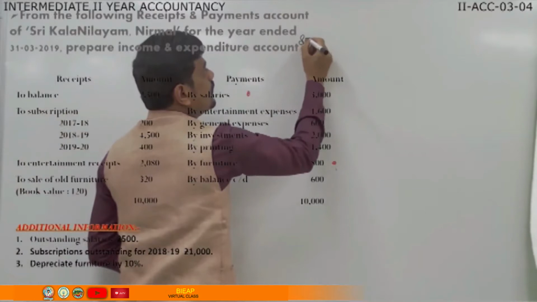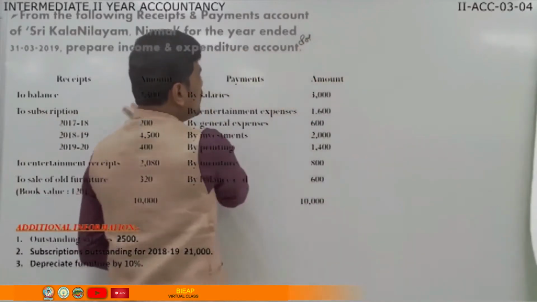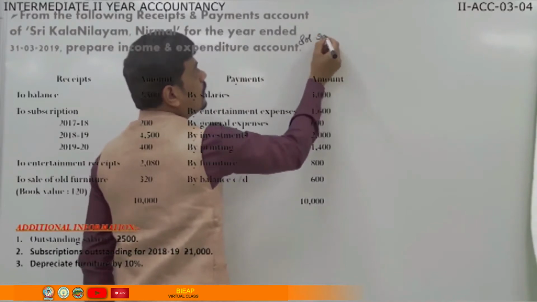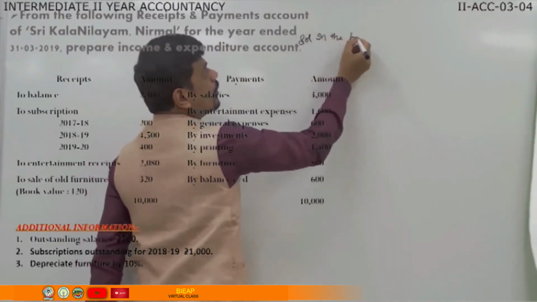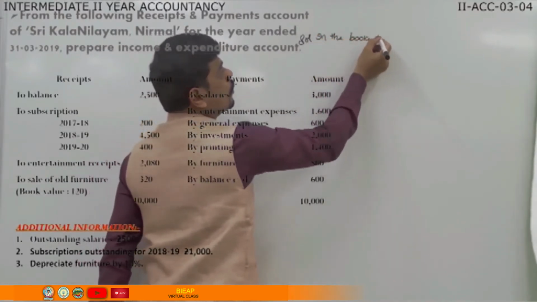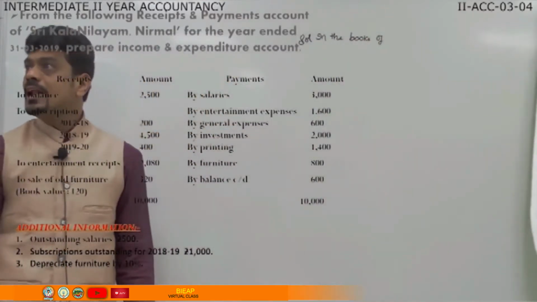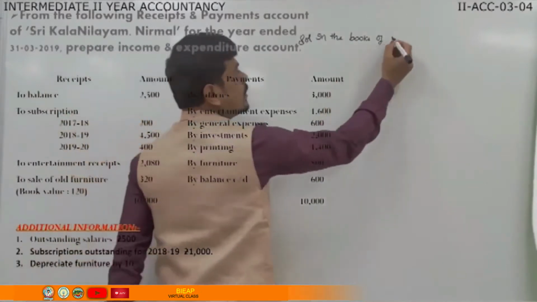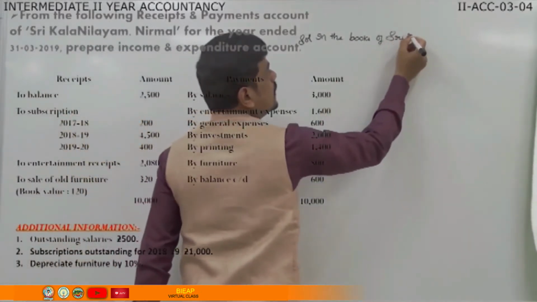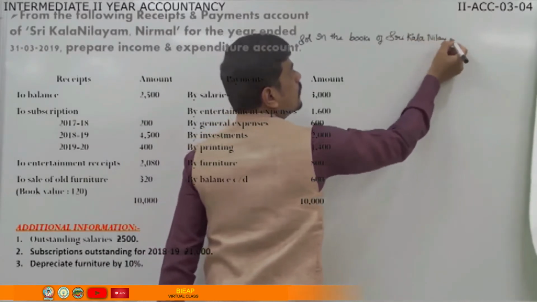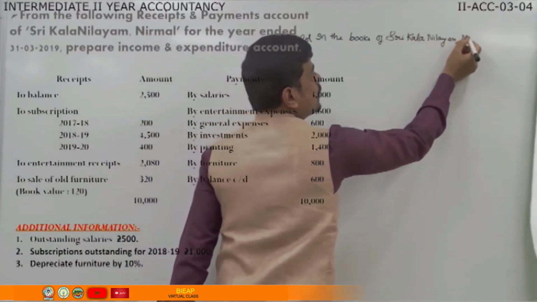Here we'll write solution. Then heading. In the books of, what is the name? They gave Sri Kala Nilayam Nirmal. So we'll write in the books of Sri Kala Nilayam Nirmal.